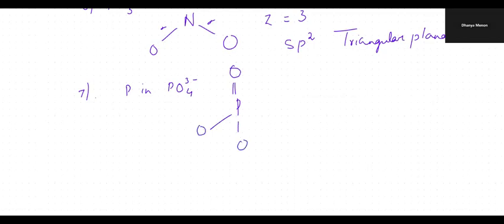From this structure, we can understand that there are 4 sigma bonds and there is no lone pair. So Z is equal to 4 sigma bonds plus 0 lone pairs. So it is 4. 4 means 4 hybrid orbitals, which is sp3. And what is the geometry? Tetrahedral.